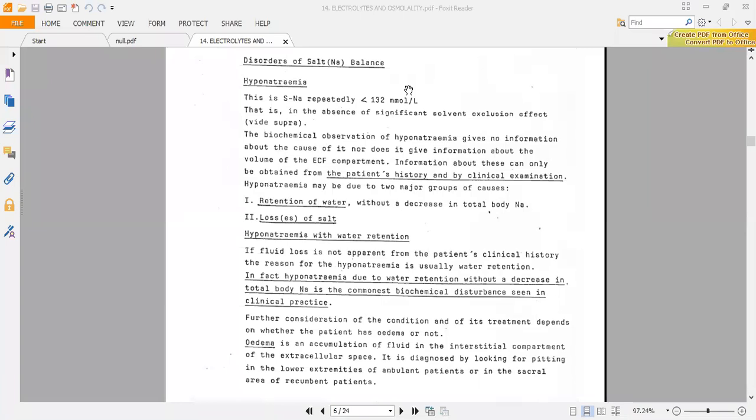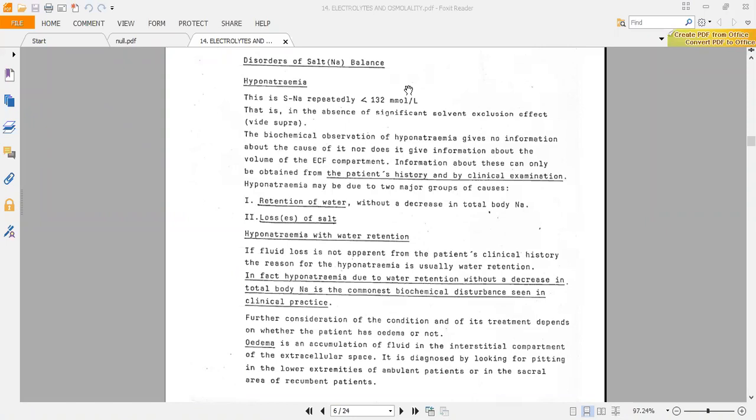And then we also said that potassium was the most abundant cation in the intracellular compartments, whereas sodium is the most abundant cation in the extracellular compartments.